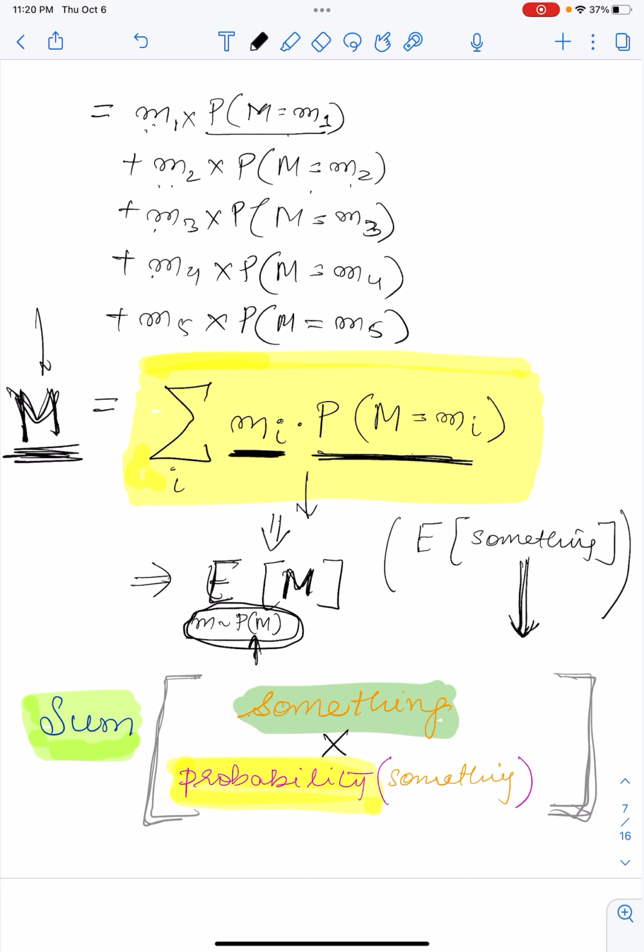So we can say that the expectation of something is nothing but the summation of something times the probability of something. As simple as that. Expectation of something is the summation of the product of something times the probability of that something occurring.